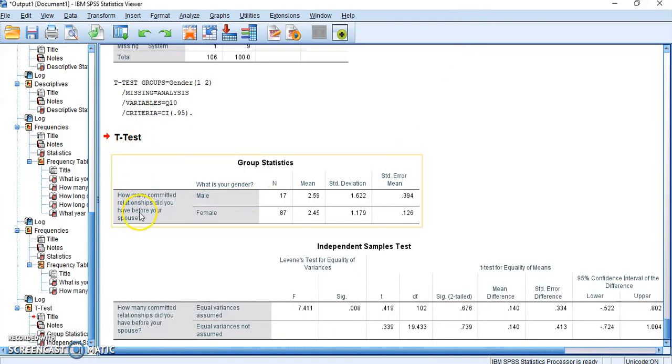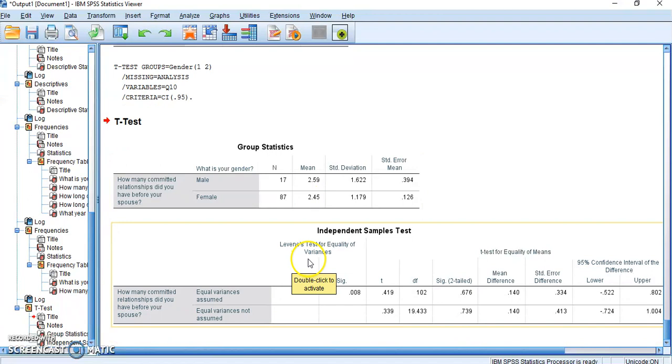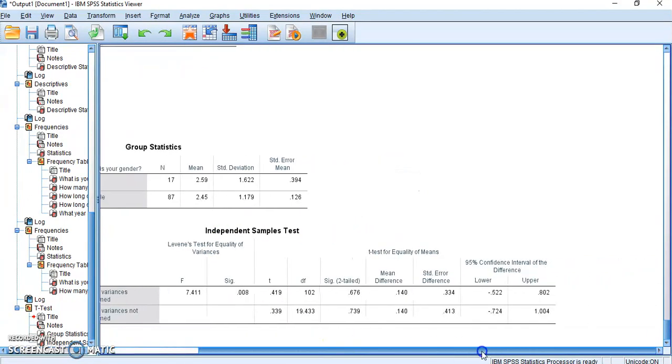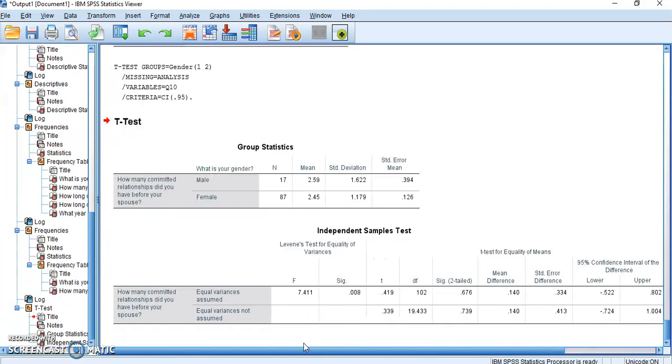So in this output, we have how many committed relationships did you have before your spouse? We have 17 men, and their mean is 2.59. We have 87 women, and their mean is 2.45. And now in this independent samples test, we have 2 bits of information that we have to look at.